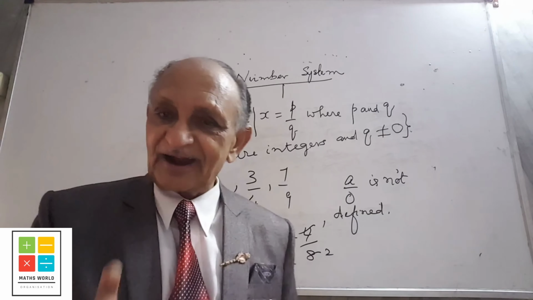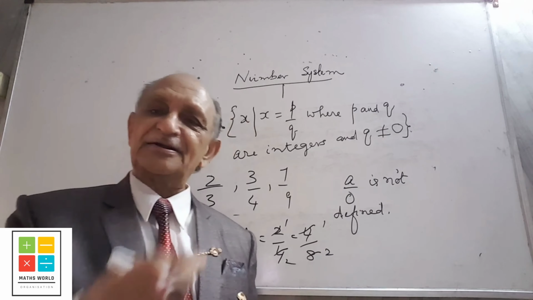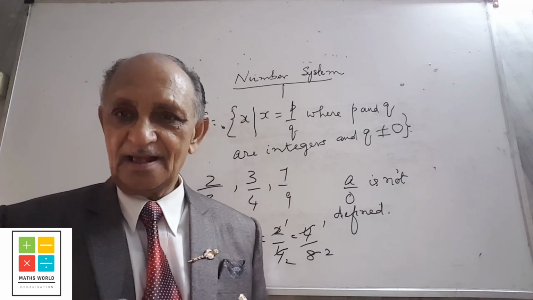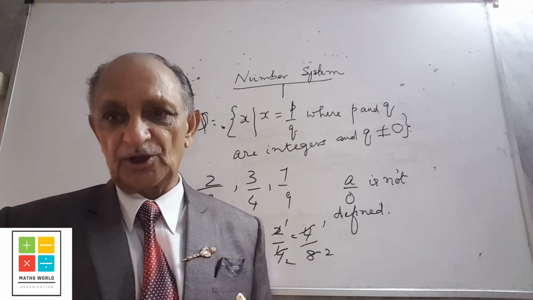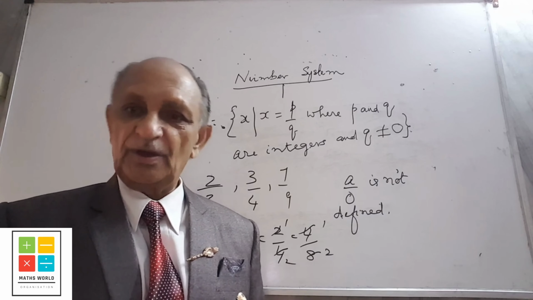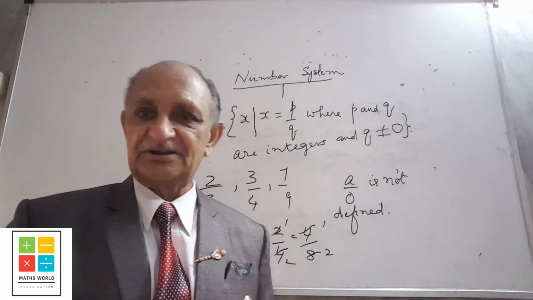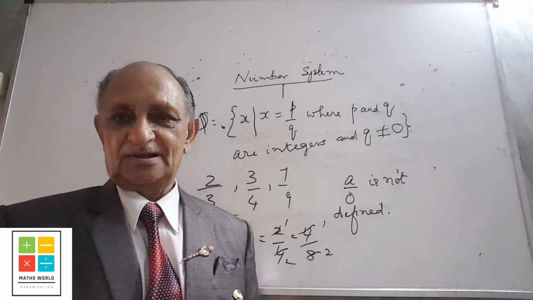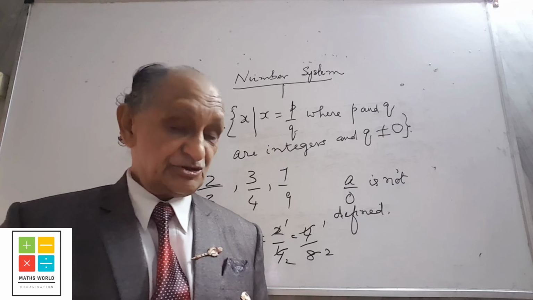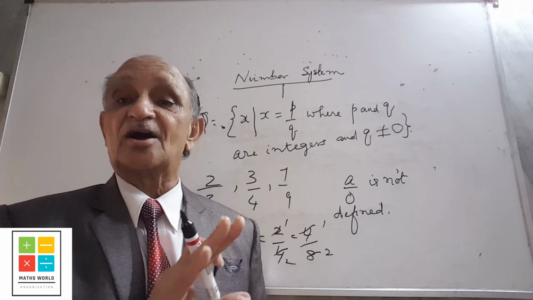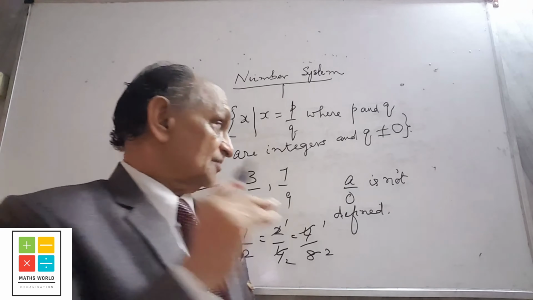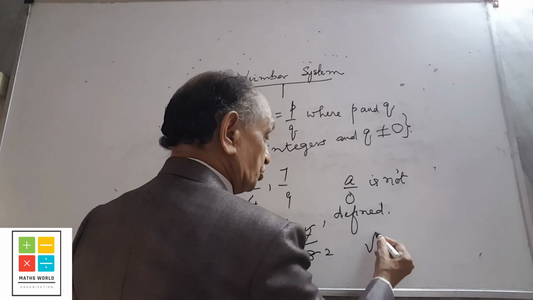If you can't write any number in this form P by Q, where P and Q are integers, and Q is not equal to 0, then it is not a rational number. For example, I write here root 3 by 2.